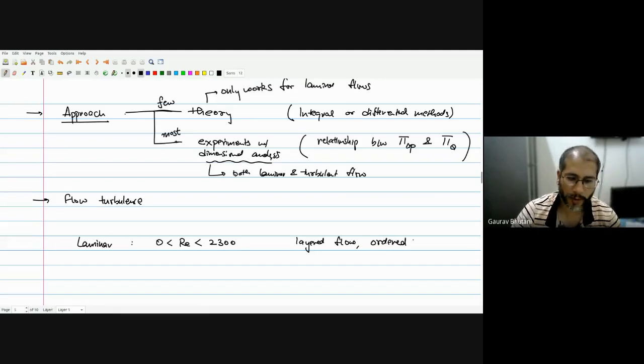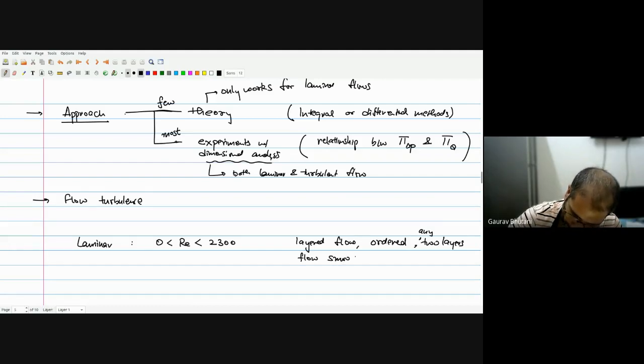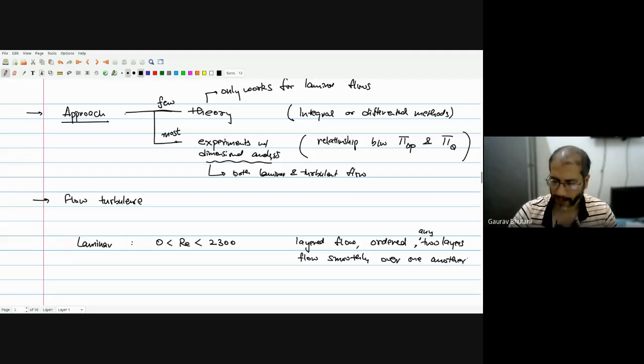So it's smooth, any two layers will glide smoothly over each other. Okay, so this is like two solid objects moving over each other very smoothly.